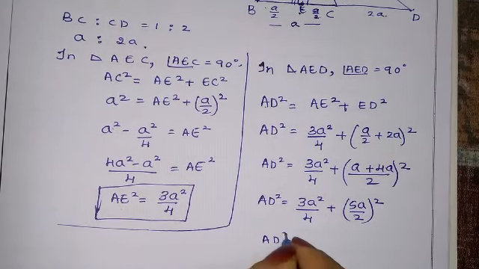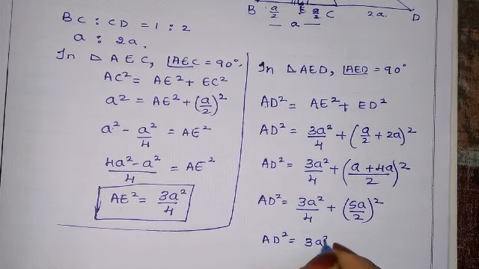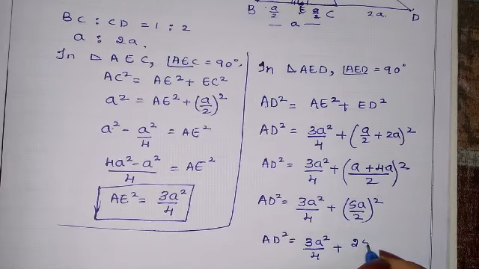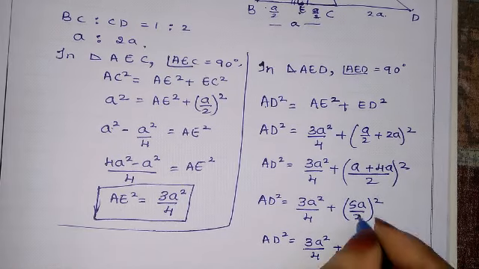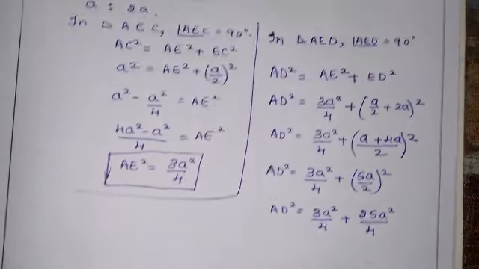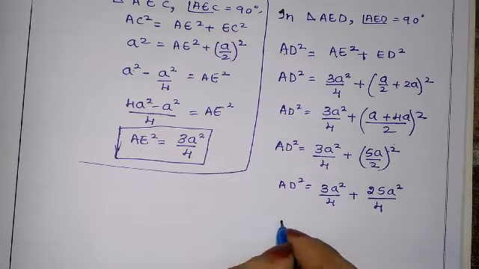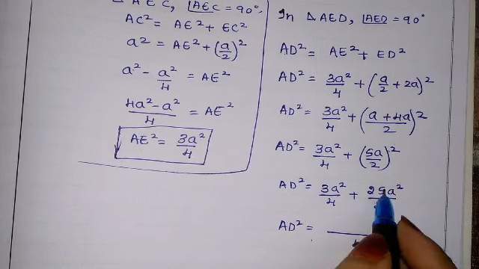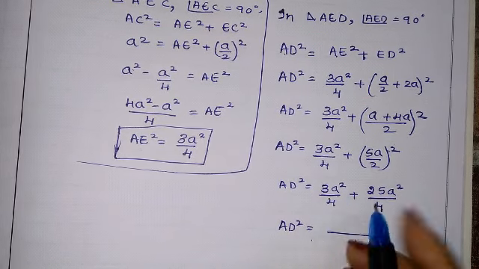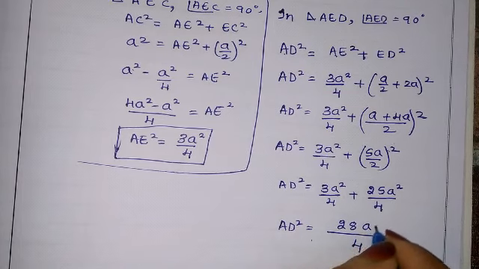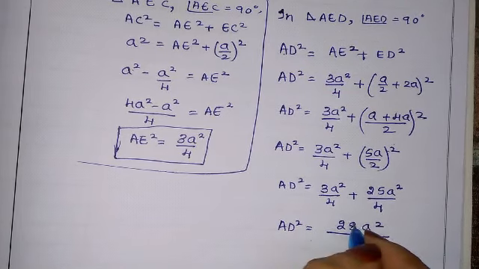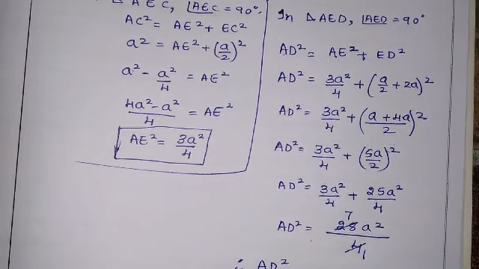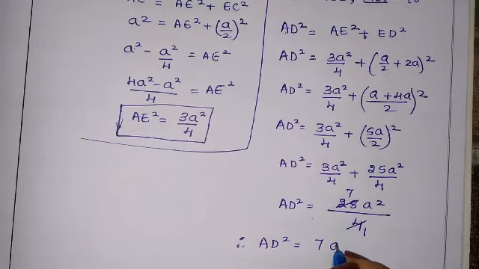AD square is equal to 3A square by 4 plus 5 square, which is 25A square upon 2 square, which is 4. Now we can see the denominator is the same. AD square is equal to 25A square plus 3A square, which is 28A square, over 4. 4 ones are 4, 4 sevens are 28. Therefore, AD square is equal to 7A square.